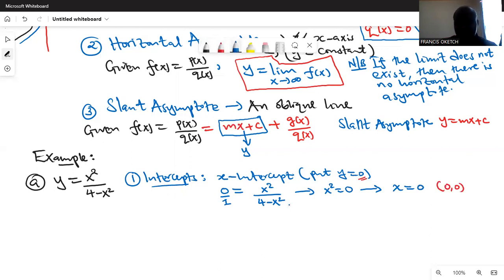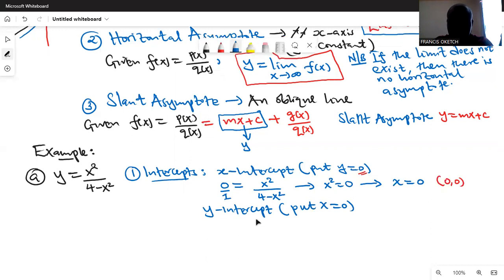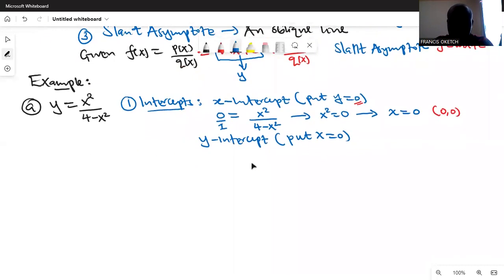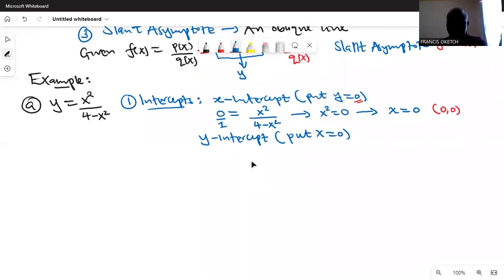So that is our x-intercept. What about the y-intercept? I told you that to get the y-intercept, you simply need to put x is equals to 0 and solve the resulting equation. So let's substitute x is equals to 0 into the given function.